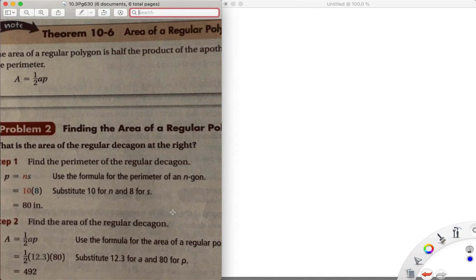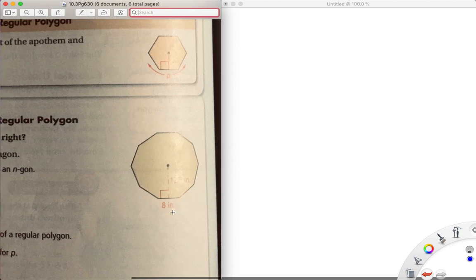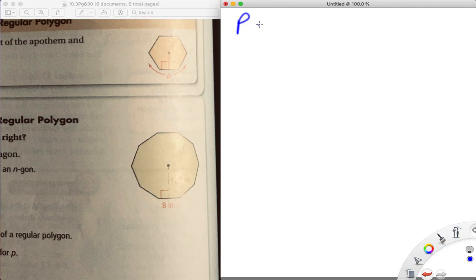So they give me the side, and we have 10 sides, and the length of the side of the decagon is... the perimeter is equal to the number of sides times the side itself.